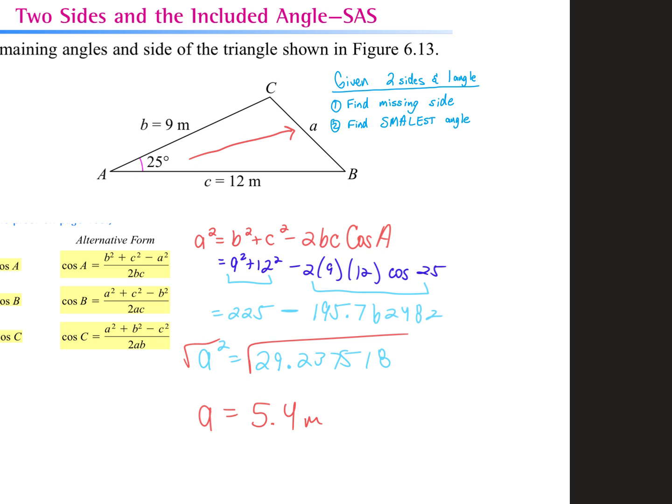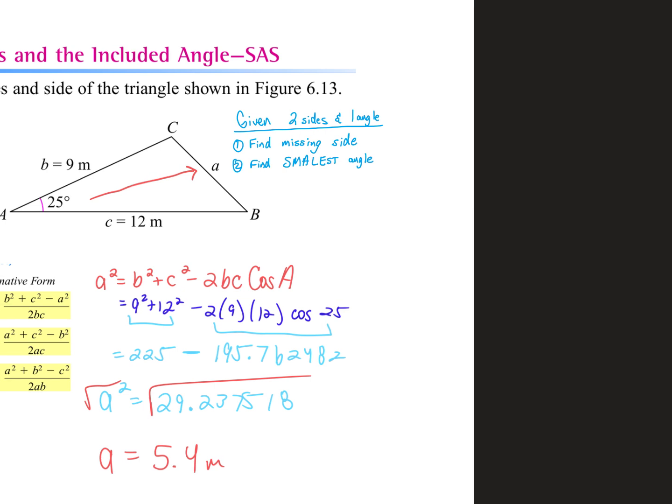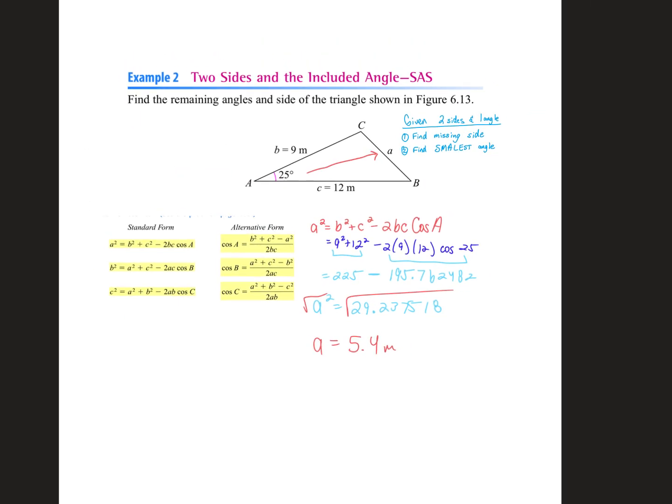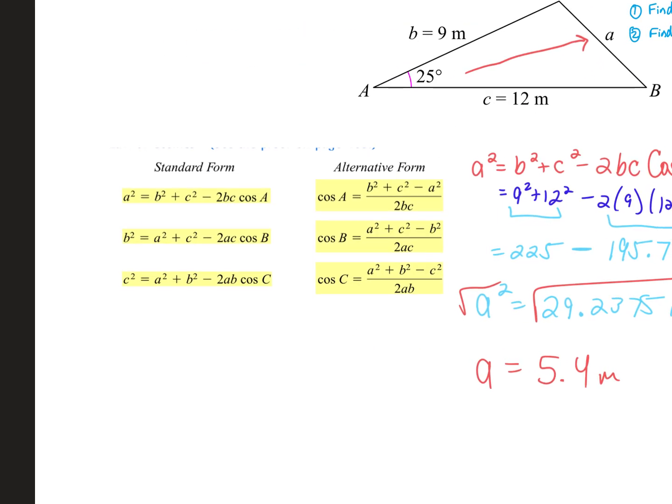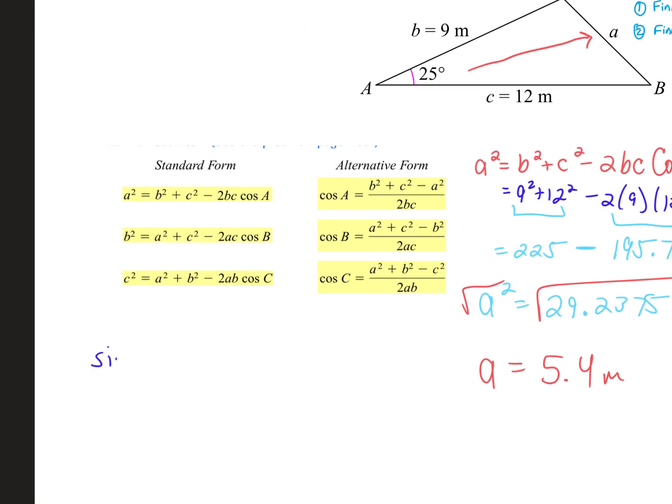Let's find angle B. Why do you know B is going to be our next in line? Right, because 9 is the medium side, so you're going to find angle B. So I have my proportion of sine 25 over 5.4 equals sine of B over 9.